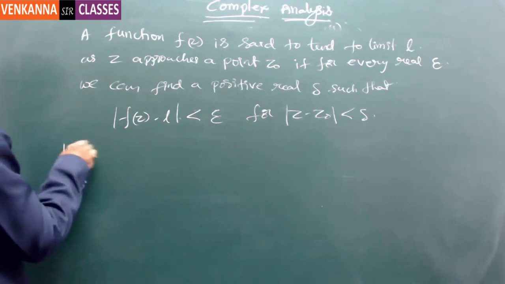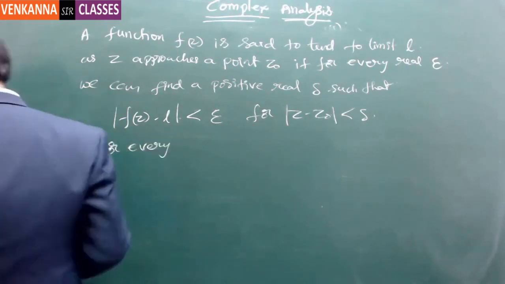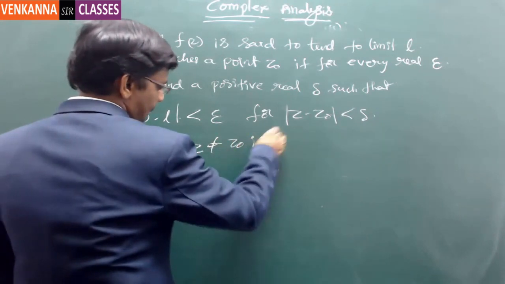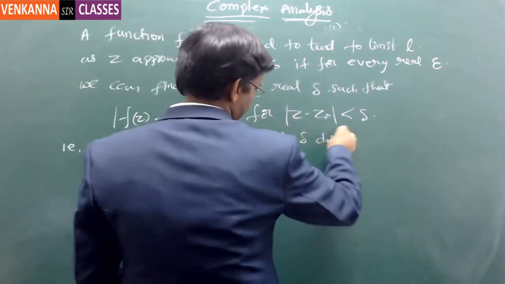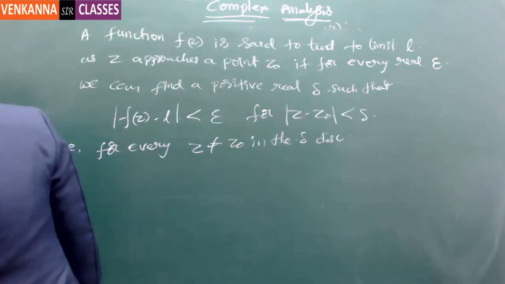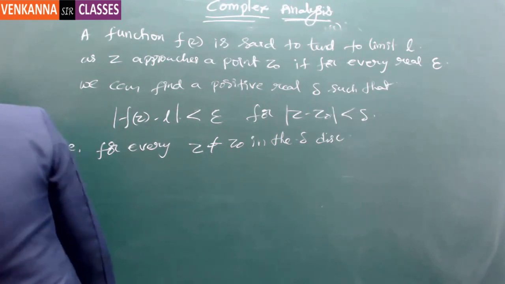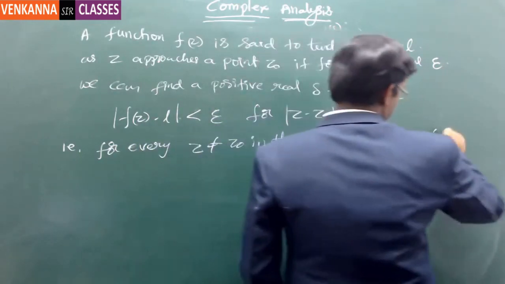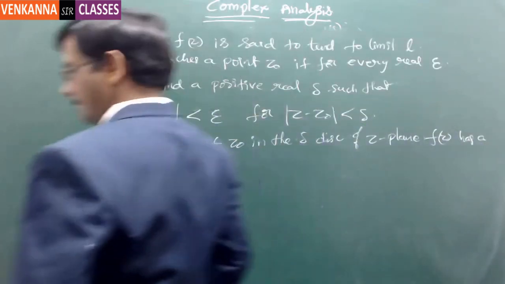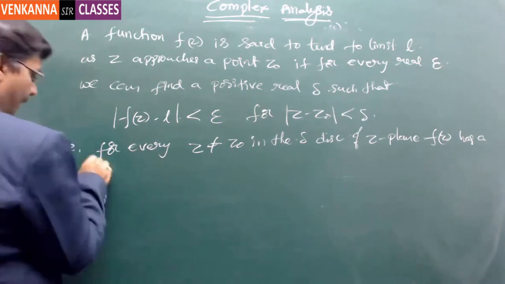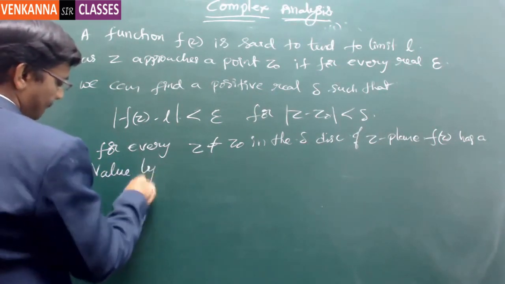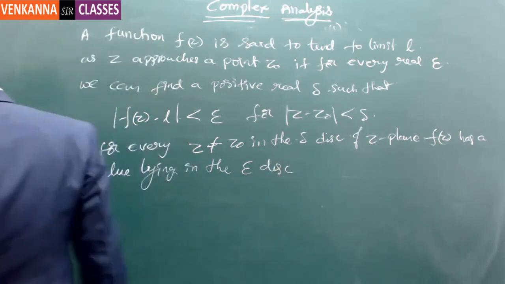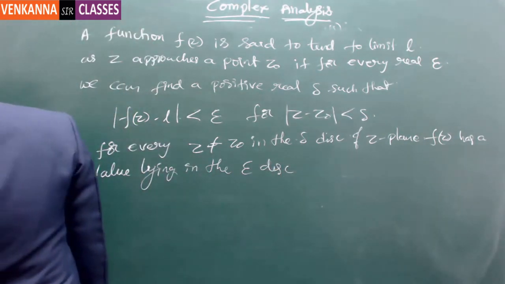That is, for every z not equal to z0 in the delta disk of the z plane, f of z has a value lying in the epsilon disk of the W plane.